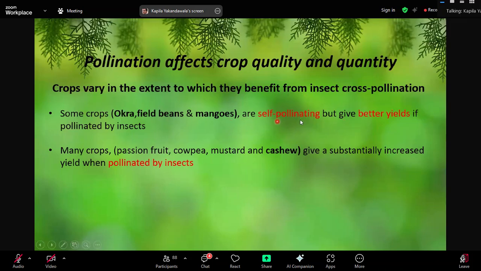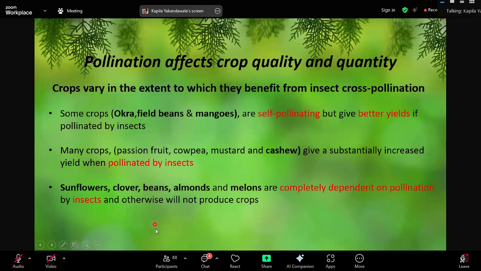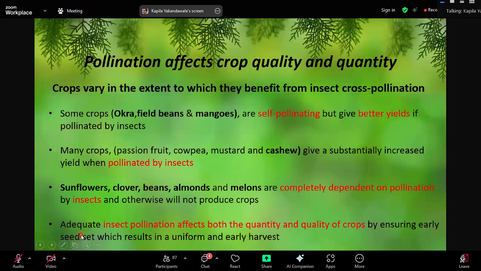Self-pollination is possible, but if it is cross-pollinated, it gives better, higher yields. Then many crops like passion fruit, cashew, cowpea give greater yield when pollinated by insects. And certain flowers are completely dependent on pollination by insects. So insect pollination is favorable for high yield, not only for quantity, but also for quality.